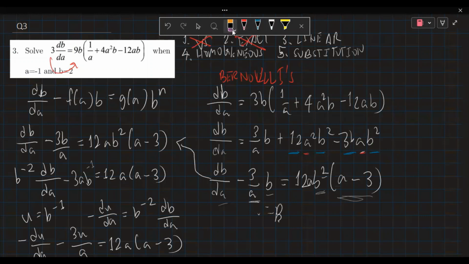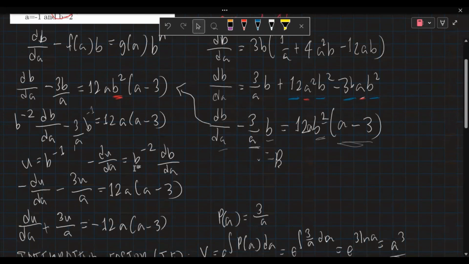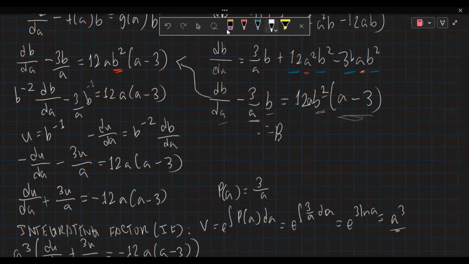What the reviewer then shows is the dividing of b squared to the whole equation. So, b to the power of minus 2 b prime, plus 3 over a, b to the power of minus 1, equals 12a(a minus 3). And then we do substitution since it is Bernoulli.